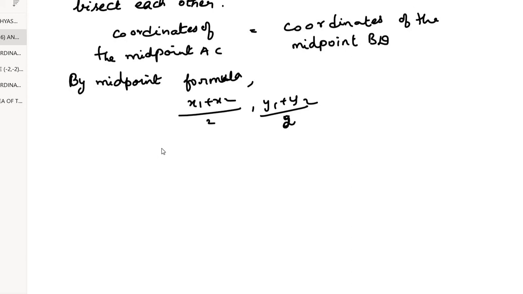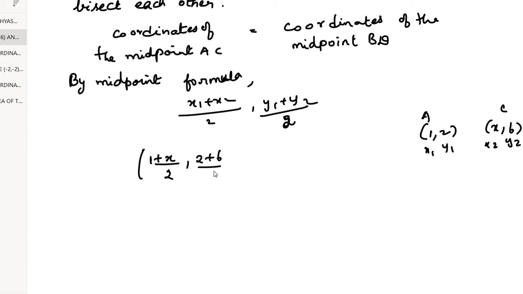So, what is the midpoint of AC? For A, you have the coordinate point (1, 2). For C, you have (x, 6). Then I can take x1, y1, x2, y2. So the coordinates of the midpoint of AC I can write as (1 plus x) by 2, (2 plus 6) by 2, which is equal to the coordinates of the midpoint of BD.